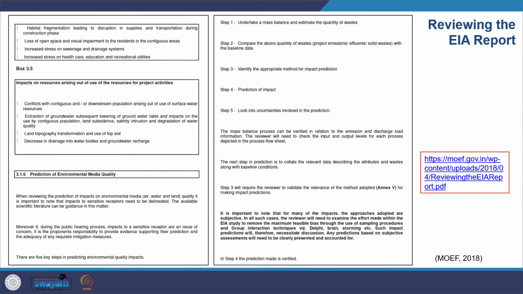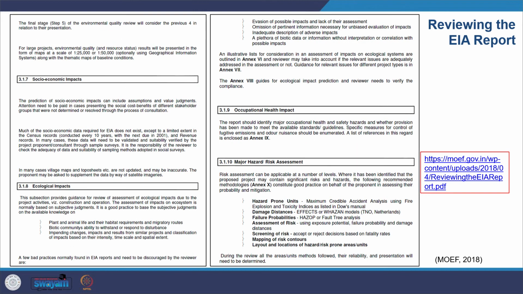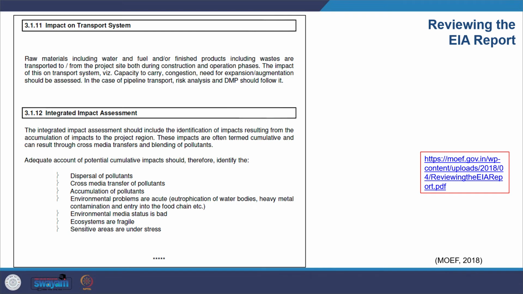They specify what different steps you have taken and whether the impact prediction has been done or not. So they would be checking that way. Likewise, they would be checking for socioeconomic impact, ecological impact, occupational health impact, and major hazard risk assessment. We have covered all these. And then they also look at the impact on the transportation system. This as well we have covered. So the reviewers would be looking at how well you have done that.